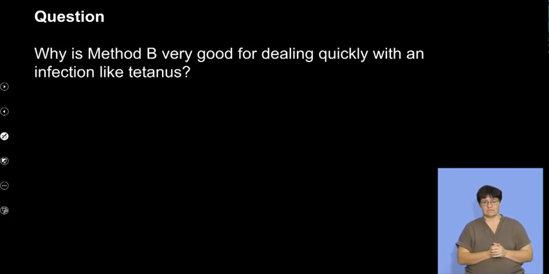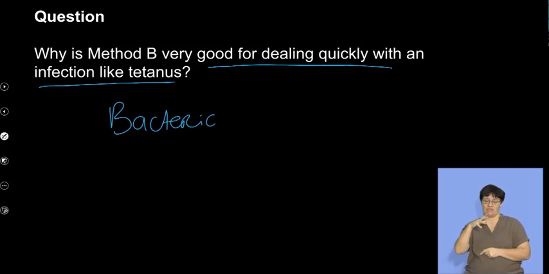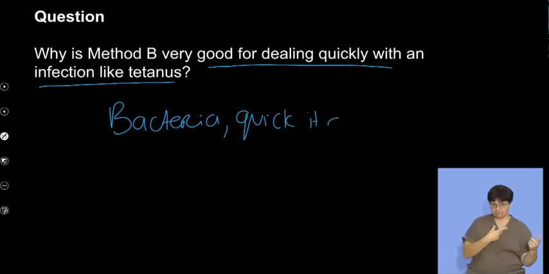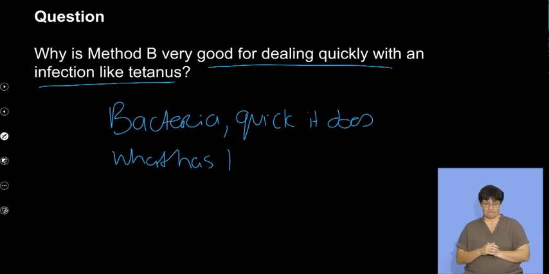Why is method B very good for dealing with an infection like tetanus? Tetanus is a bacteria, and obviously that bacteria can have a huge bad effect. So why do we want method B? It's quick. It does what it needs to do, which is to kill the bacteria.